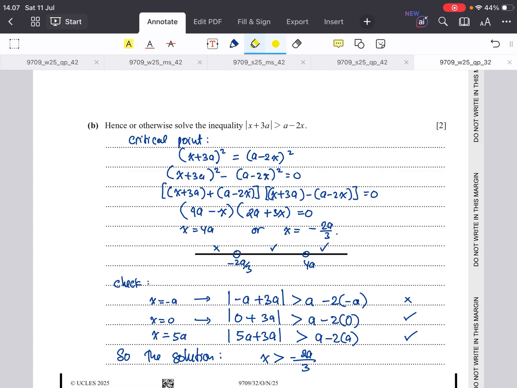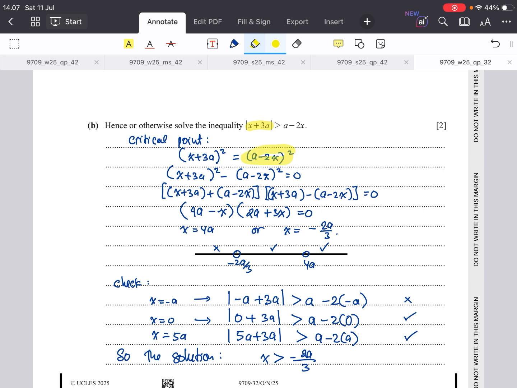So in order to solve this inequality, first we need to find the critical point. One way to find the critical point is to square both sides. So x plus 3a all squared is equal to a minus 2x all squared.